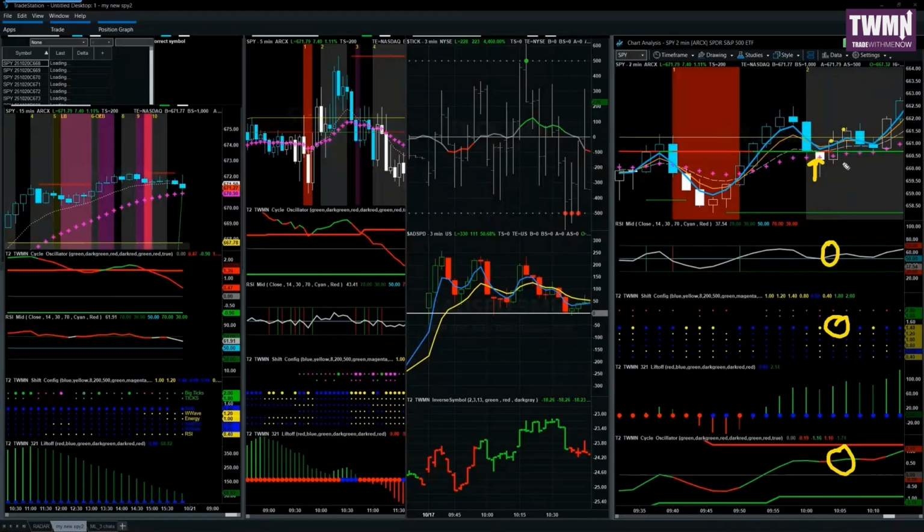Boom, boom. You see it? So it dipped below a little bit. It did break, boom, break, up, back up, reversal, confirmation. That is called a test and a retest. And that is a hold of that level.